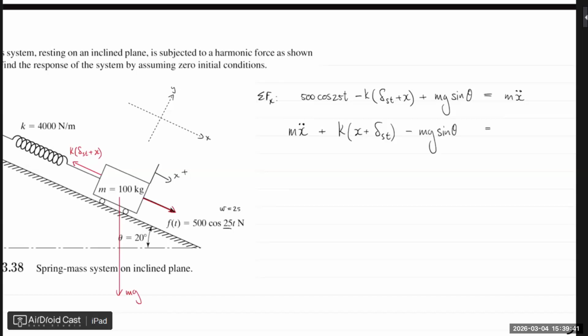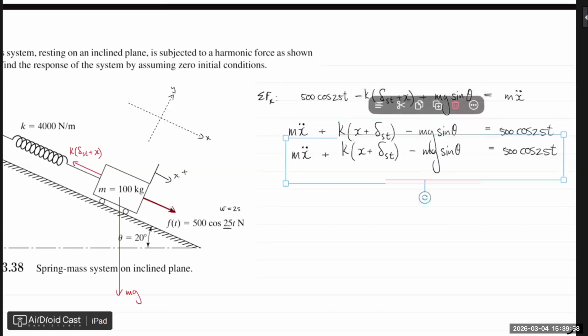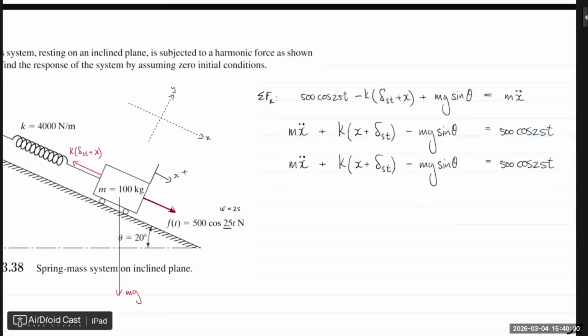That's equal to 500 cos 25t. But this thing here, I could have just multiplied this k in and say it's kx plus k delta st.